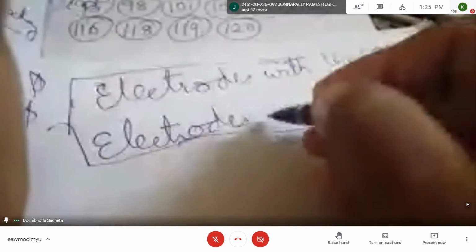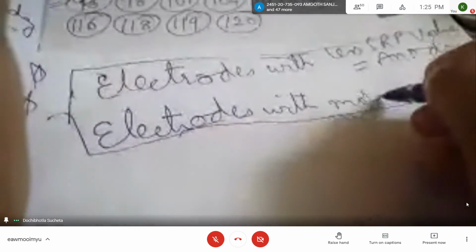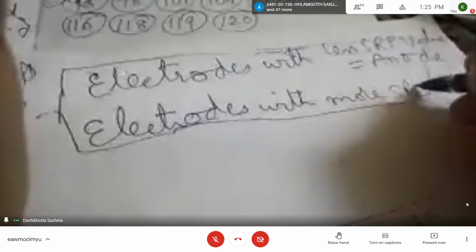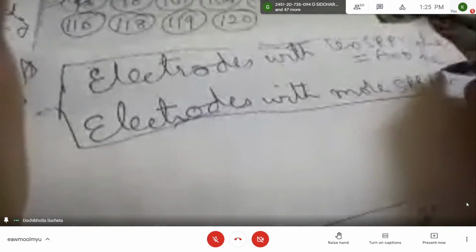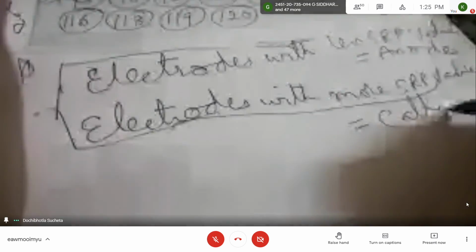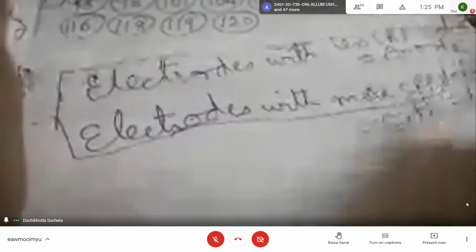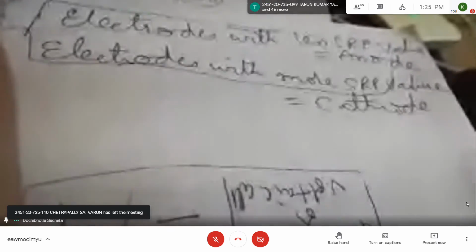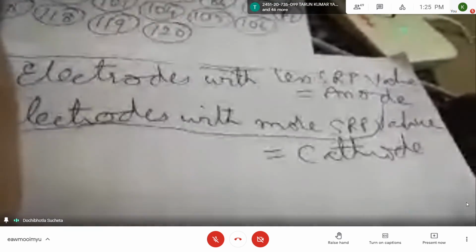Metal electrodes with more SRP value equal to cathode. Right or wrong? Right.